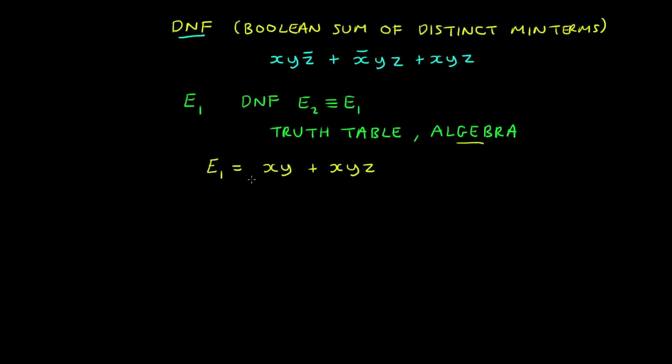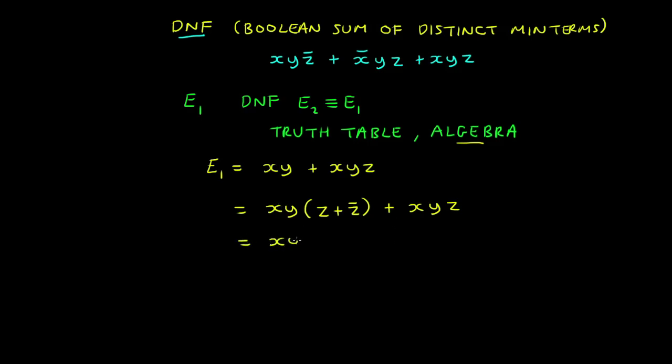so using algebra, we can write the first term using an identity property, z or its complement, because it gives 1 and doesn't alter this term. And then we have or x and y and z. And now we can use a distributive property.